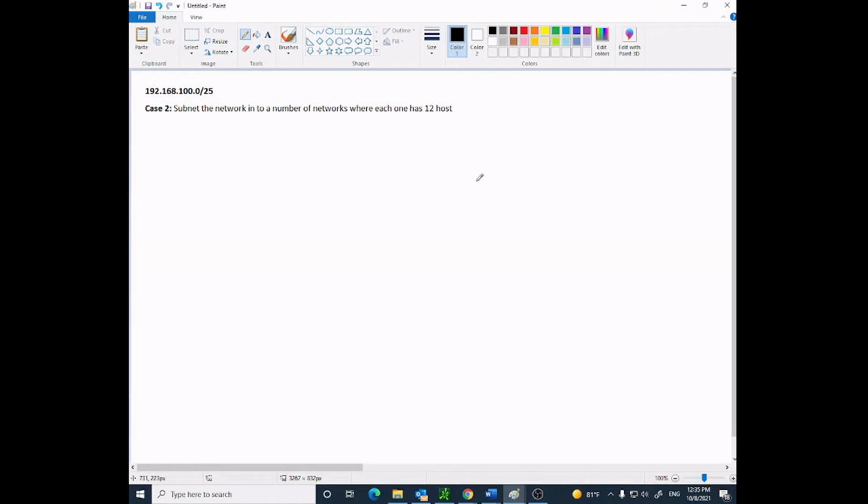So what we're going to be doing in this case, we're going to follow the same steps that we started with in the previous case. So I'm going to have 192.168.100, no change going to be applied. I'm going to be only concerned with the part of the 0. So it's going to be 0, 0, 0, 0, 0, 0, 0. For the prefix, this is going to be 1, and this is going to be 0, 0, 0, 0, 0, 0.